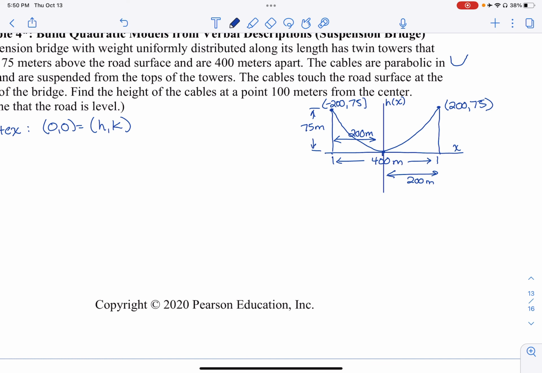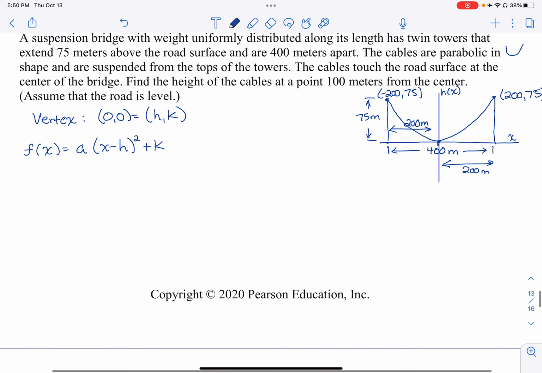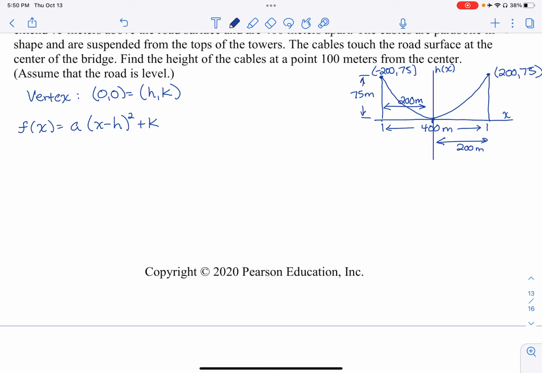So we can use the formula that we found right at the very end of the last one, where we put our quadratic into vertex form. Vertex form was f of x is equal to a times x minus h squared plus k. We did that in the first video for this group.